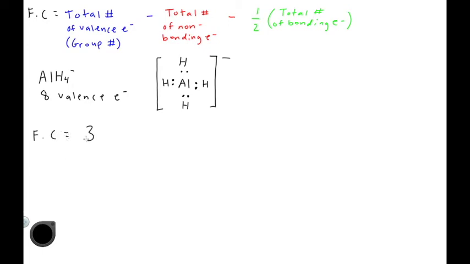Right, so let's put a 3 right here. And since all the electrons surrounding the aluminum atom are involved in a bond, there are no non-bonding electrons for aluminum.